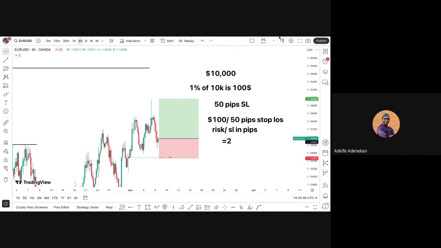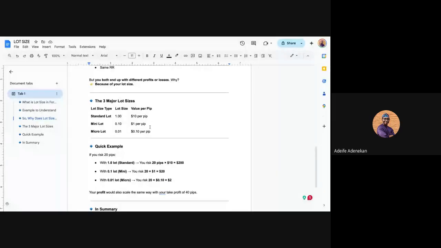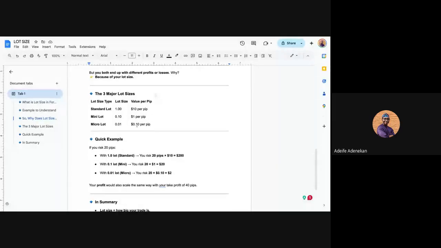Right? Now, don't forget our discussion on lot size. Remember that I said this is the three types of lot sizing that we have.